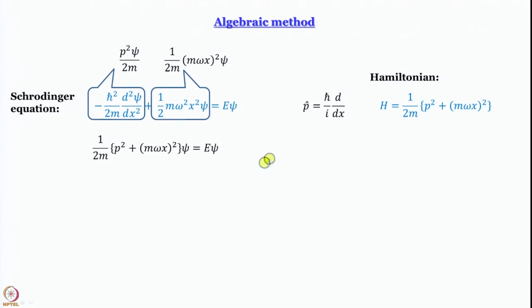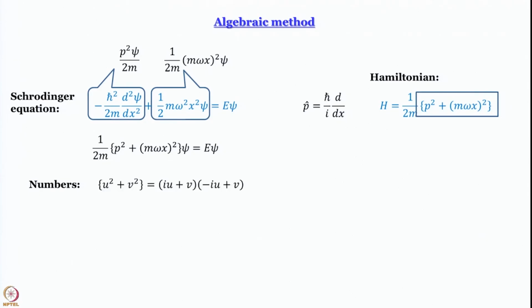Okay. So, now see this is our Hamiltonian, 1 by 2m multiplied by p square plus the square of m omega x. Now, you look at this part, p square plus m omega x whole square. If there is some way of factorizing it, it would be nice. Of course, if there are numbers then it is very easy because it is in the u square plus v square form.